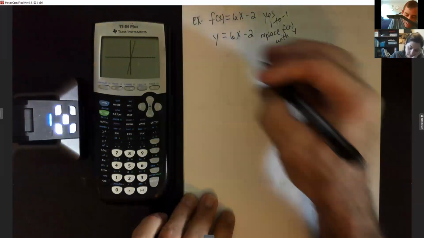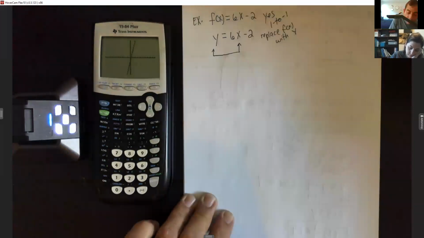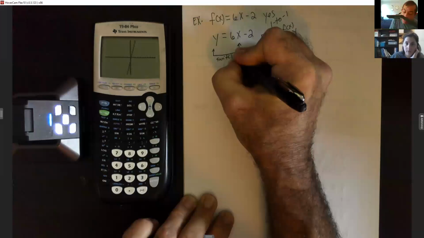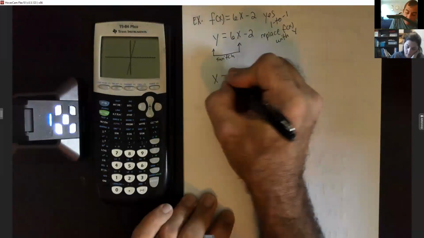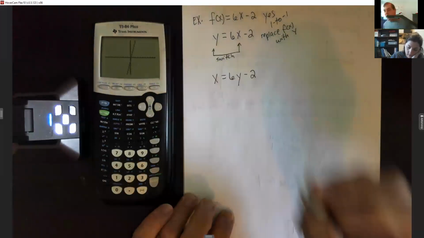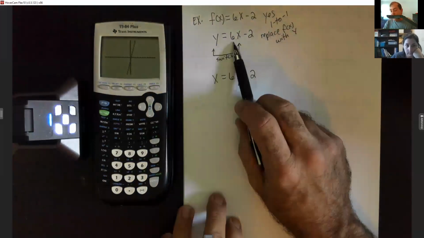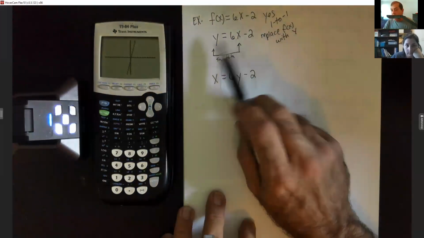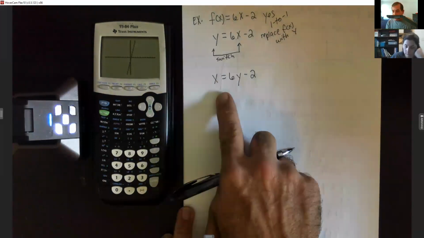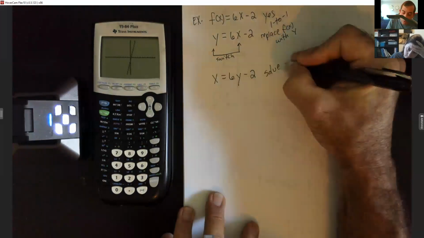Next, we said we're going to switch x and y around. So if I switch that, I now have x equals 6y minus 2. So notice, the y had a number in front of it, but the number does not switch, only the variables, okay? All right, so now you got x equals 6y minus 2. You want to solve that for that y.